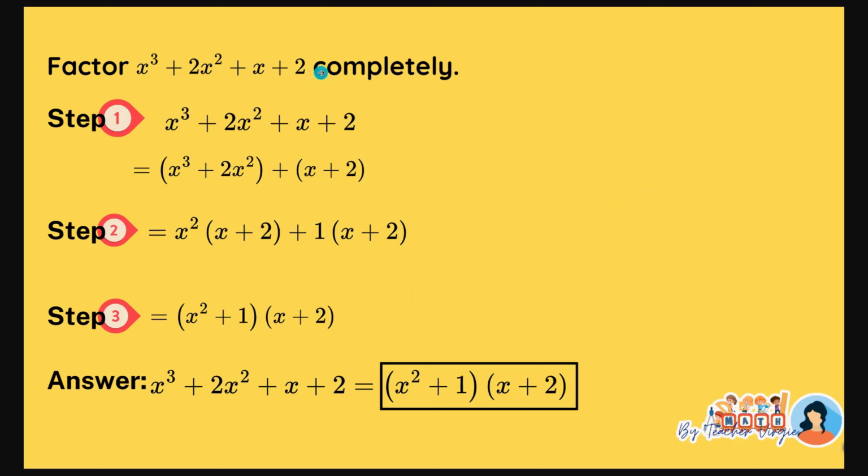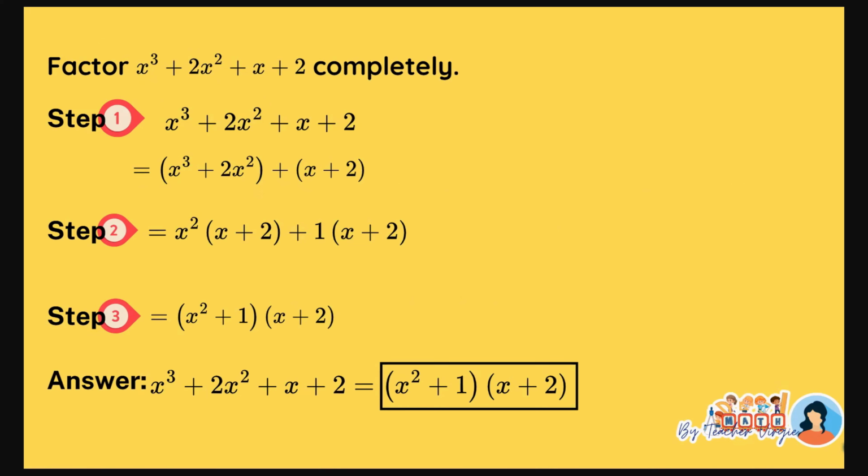And step 1, we have to regroup. When you group the polynomial into 2, since there are 4 terms, each group has 2 terms, and you make sure that you can get the greatest common factor.